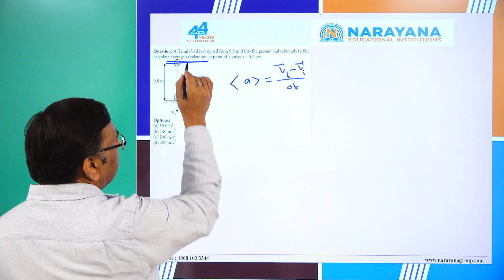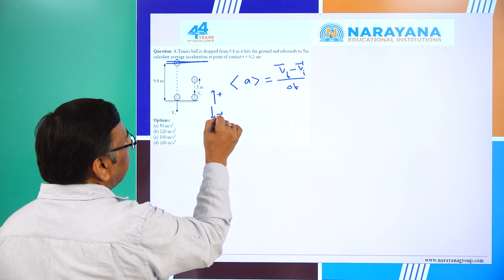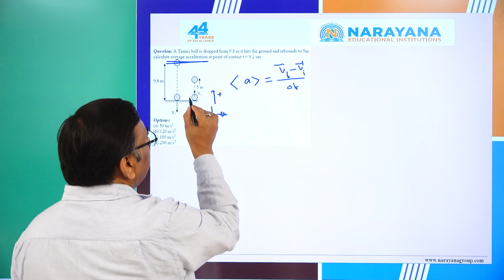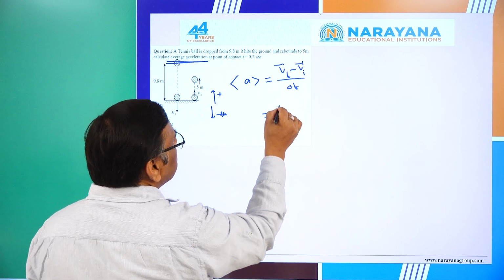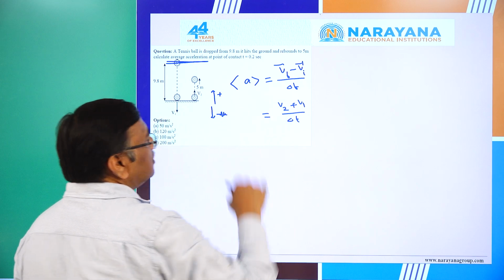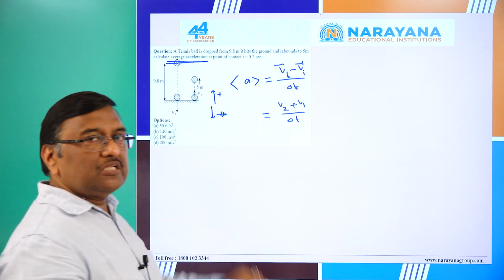If I consider upward as positive direction and downward as negative direction, this V1 should be negative, V2 should be positive. So I can say it is V2 plus V1 upon delta t. That means in this question the only task is to understand what V2 is and what V1 is.